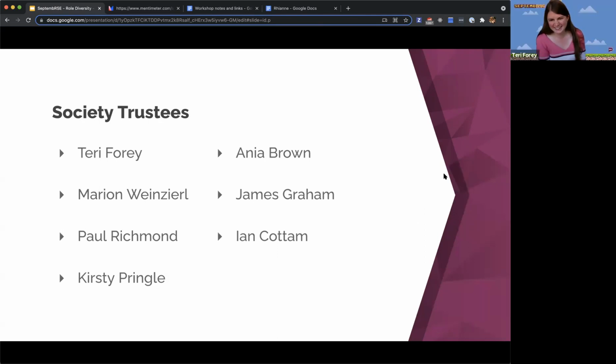Shall I go? Yes. My name's Anya Brown. I'm an RSE at the University of Southampton. We could probably best be described as a central RSE group in that we do serve the whole university, but we're maybe a bit unusual in that we're entirely grant funded. And as with Paul, we're embedded in a department of the university.